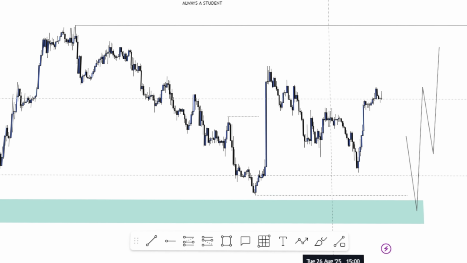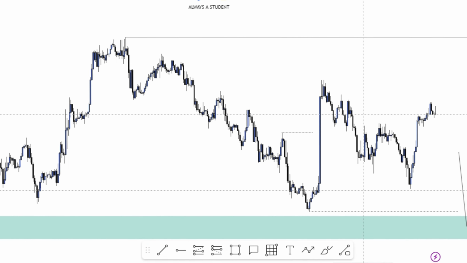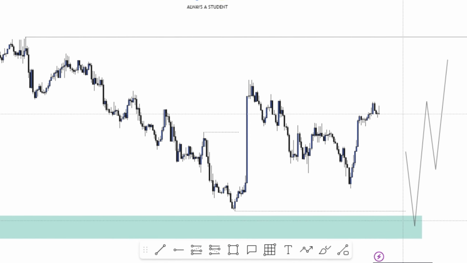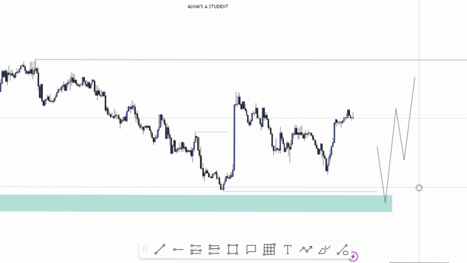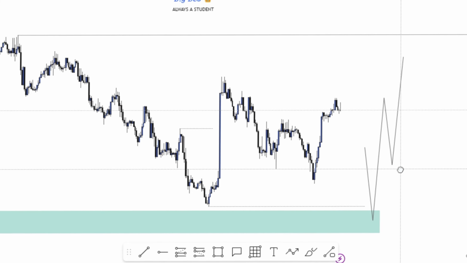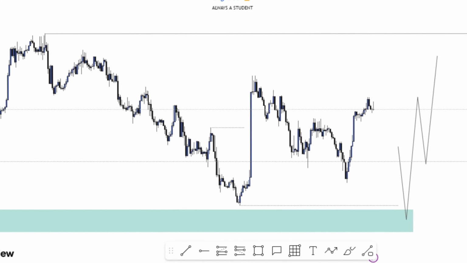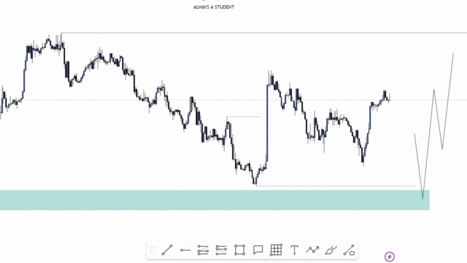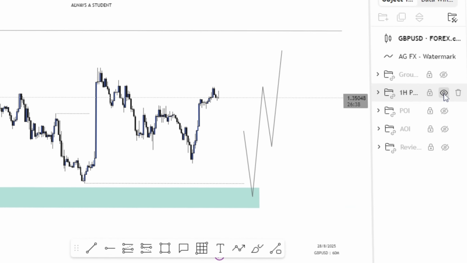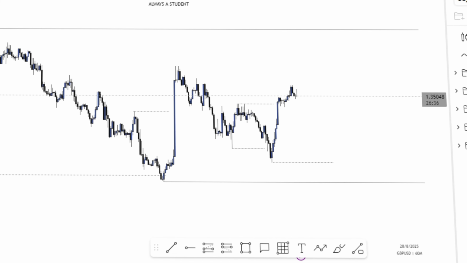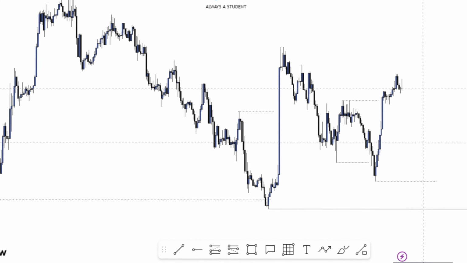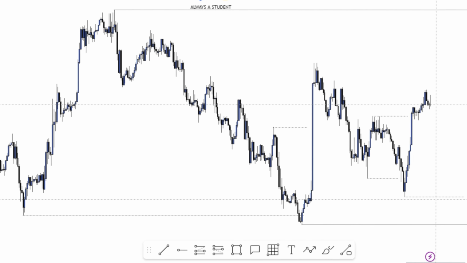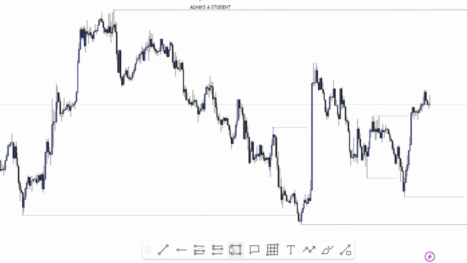I'm just going to go ahead and execute this trade, but with a lower risk, because you can't abandon a setup because there is something that could happen. We don't know what's going to happen, but if my system says I should, I would. So having this in mind, I'm going to execute my setup with a lower risk.